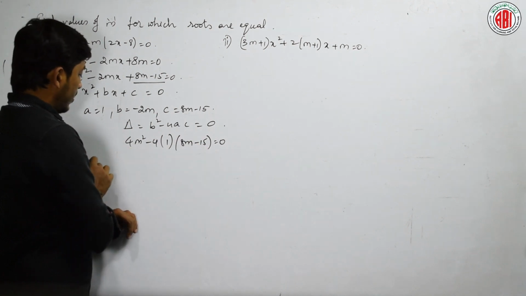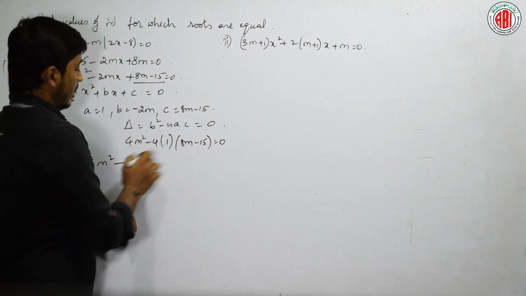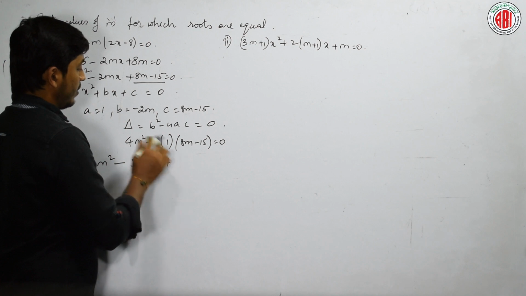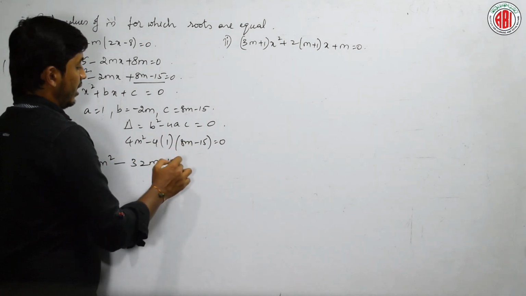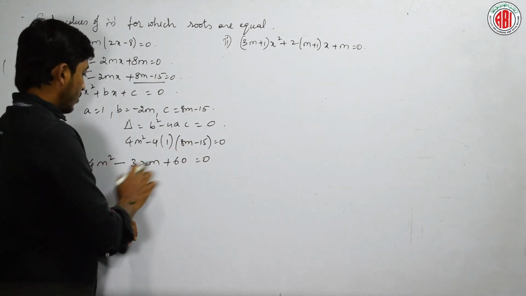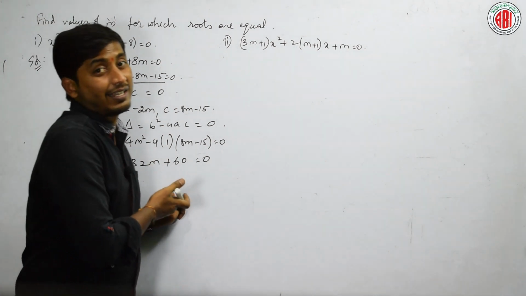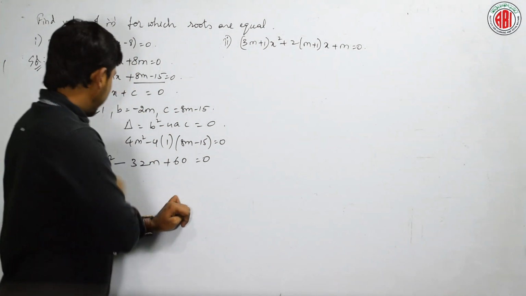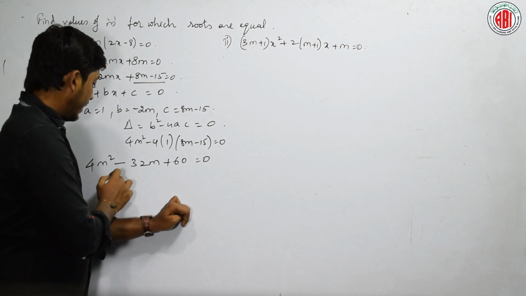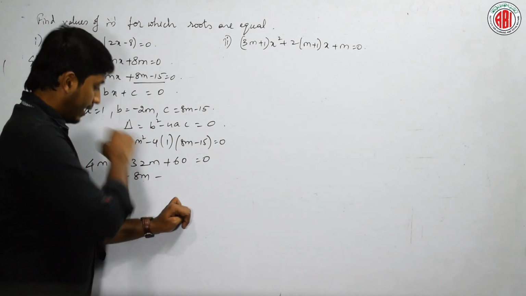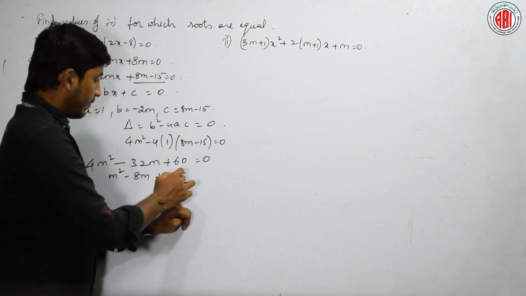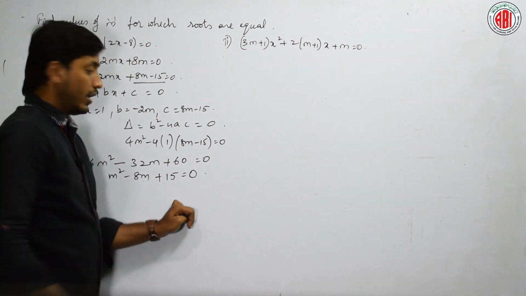Simplify this: 4m square minus 32m plus 4 into 15, 60. We can directly factorize it and find the value of m. Let us take 4 common, I will get m square minus 8m plus 15 is equal to 0.